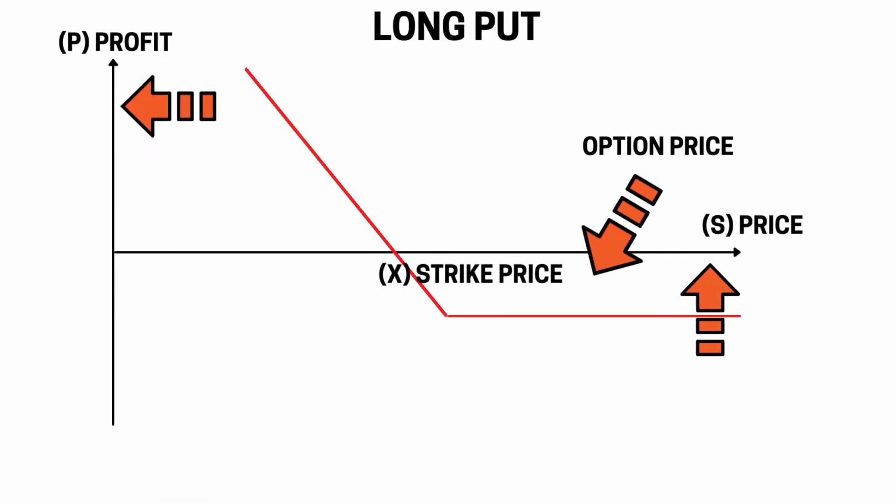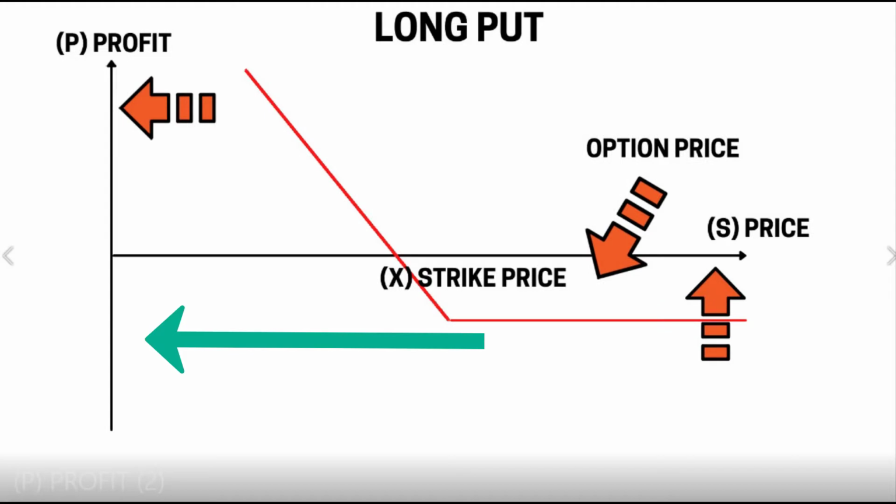So next up is the long put. Now this is if your point of view is bearish. Sometimes it's really hard to short stocks anyway due to borrowing requirements, etc., whereas the long put here allows you a lot easier way to go short of the market. And what can we see from the payoff diagram?